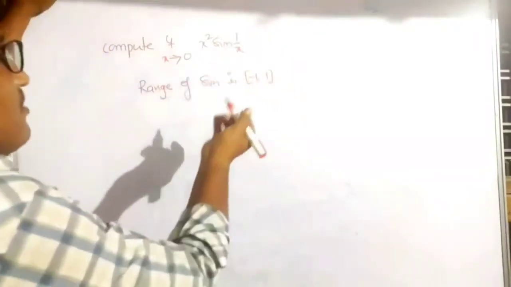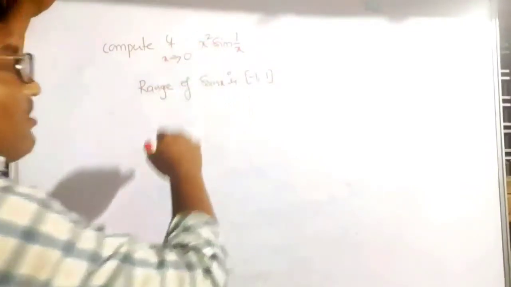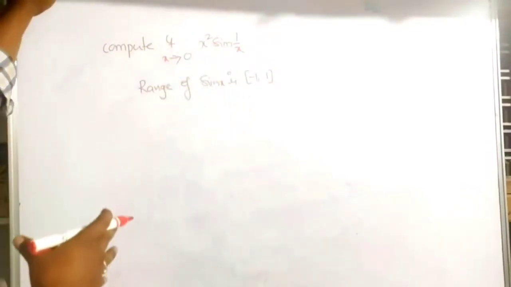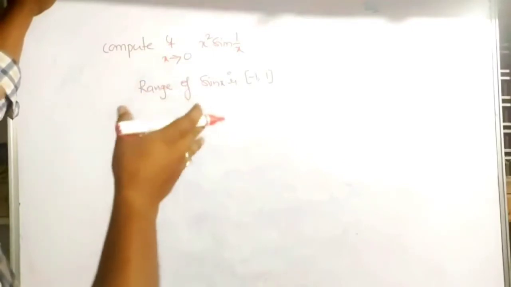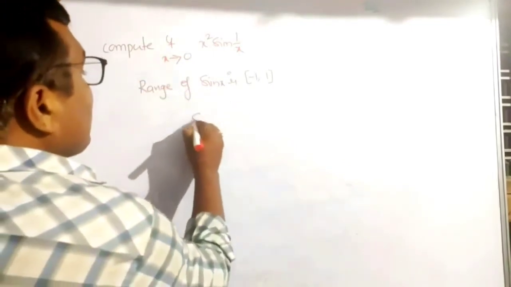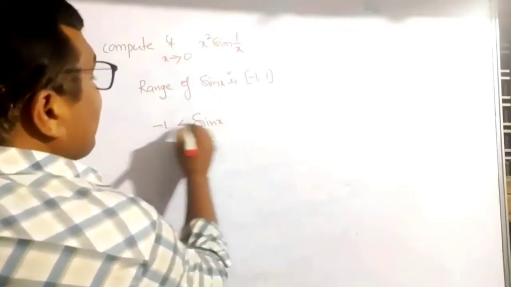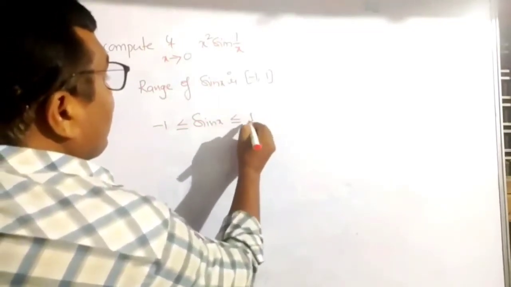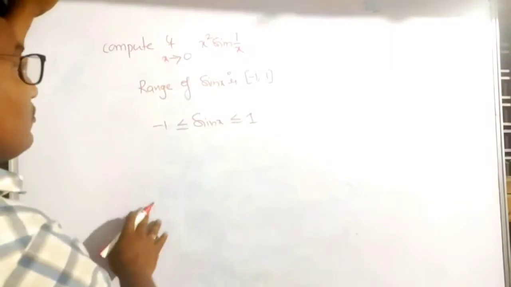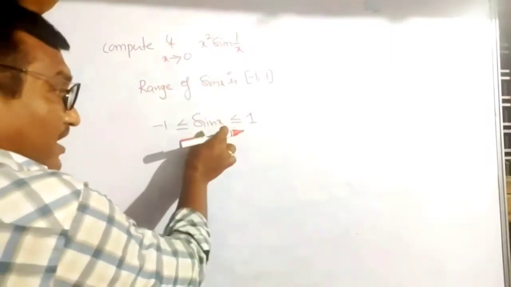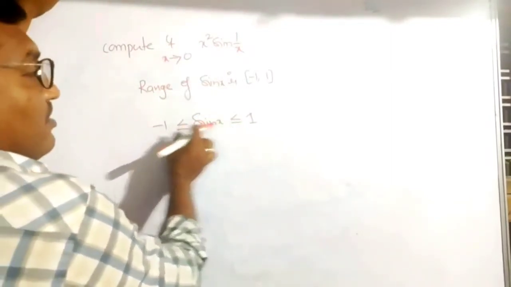It means for any value of x, the sine value lies between -1 and +1 only. Therefore, sin x lies between -1 and 1.